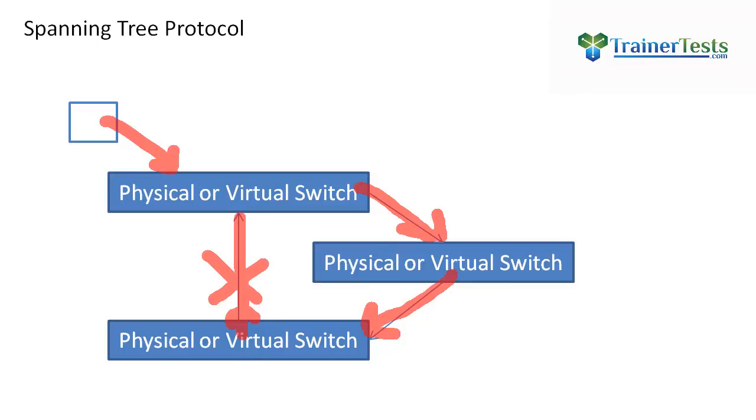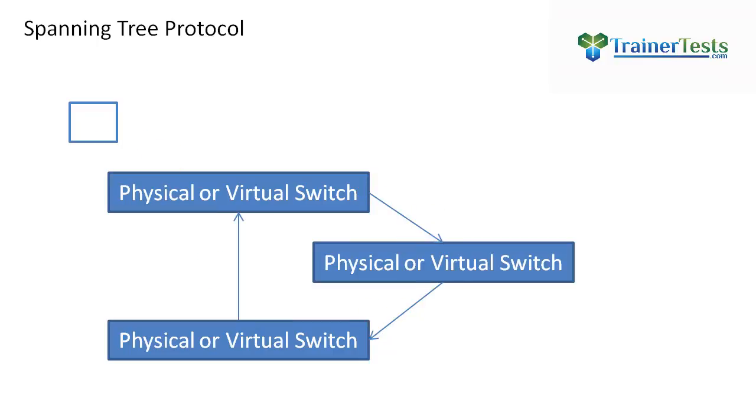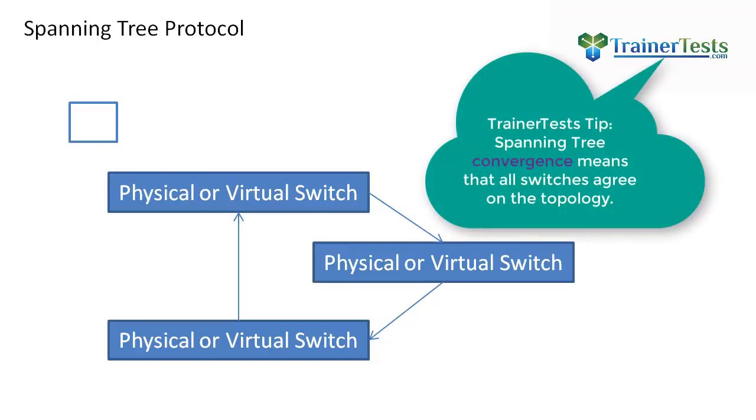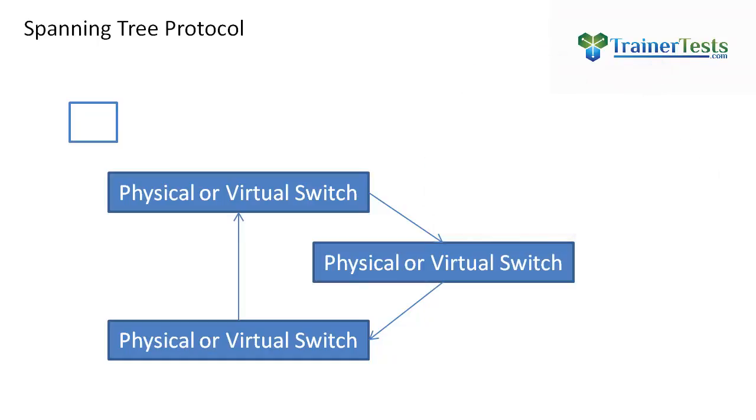So we've lost some bandwidth as a result of blocking certain ports. Right? So spanning tree definitely comes with a cost. But the benefit in most cases outweighs the bandwidth loss. Because if we do have those layer 2 switching loops in our environment, it's just a matter of time before the network comes to a screeching halt. So that's the purpose of spanning tree.